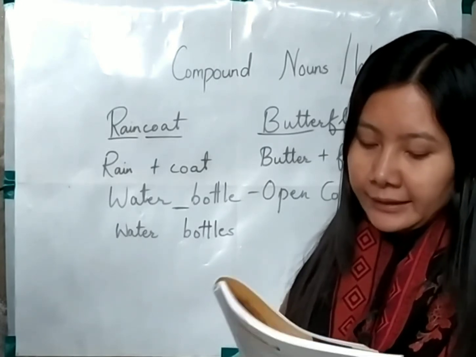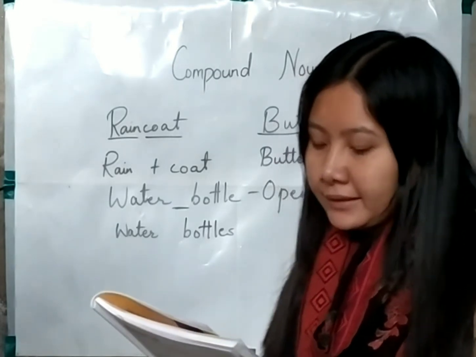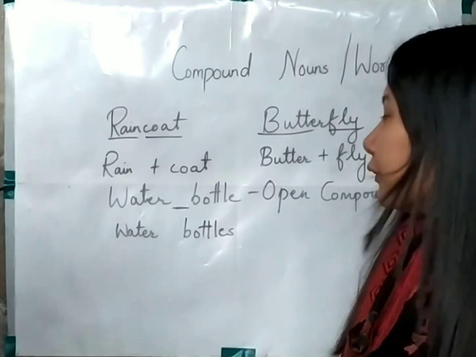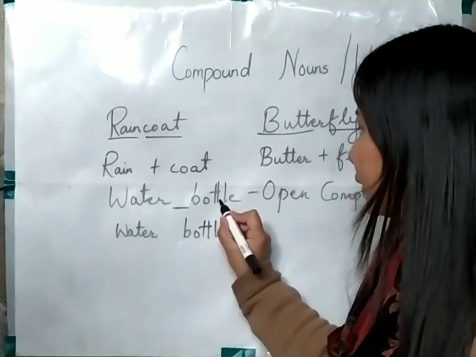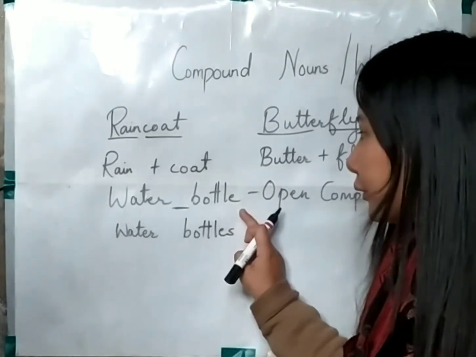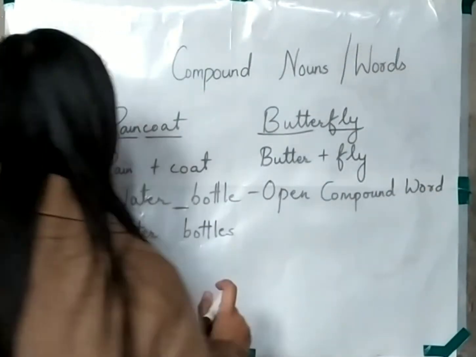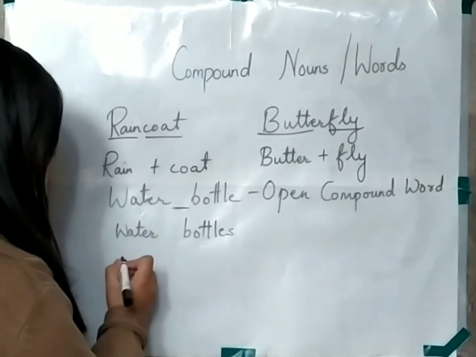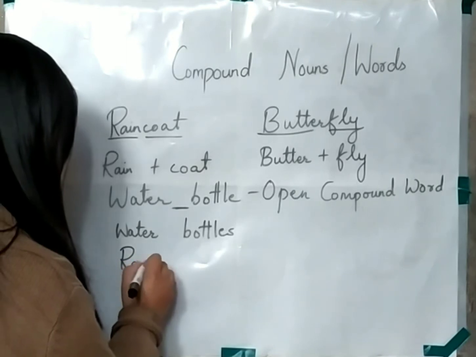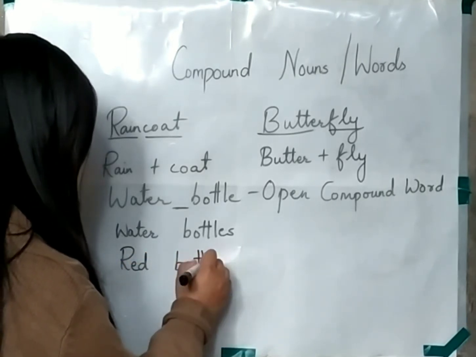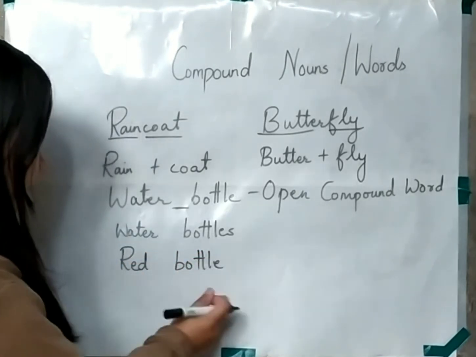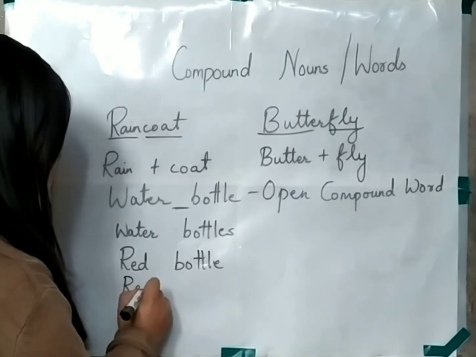Here the base word is the noun bottle, and it is used with a modifying adjective, water. You need to remember the base word is bottle because over here we are talking about the bottle. Instead of water bottle, I could have written red bottle. So automatically what would it be? Red bottles.